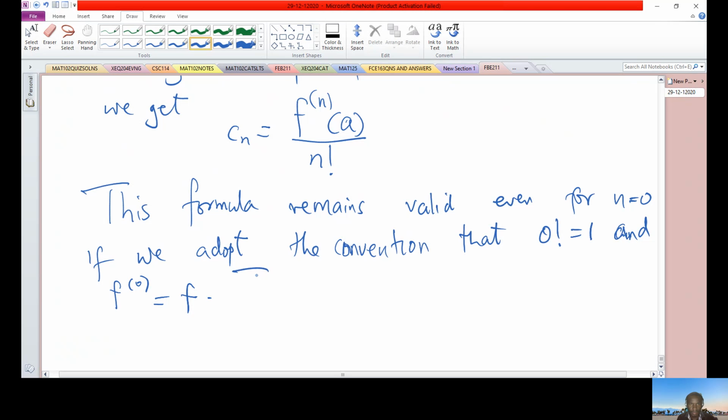So thus we have proved the following theorem.